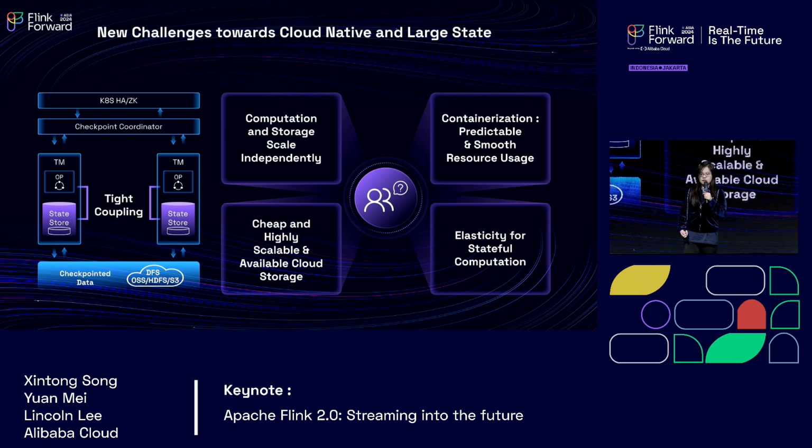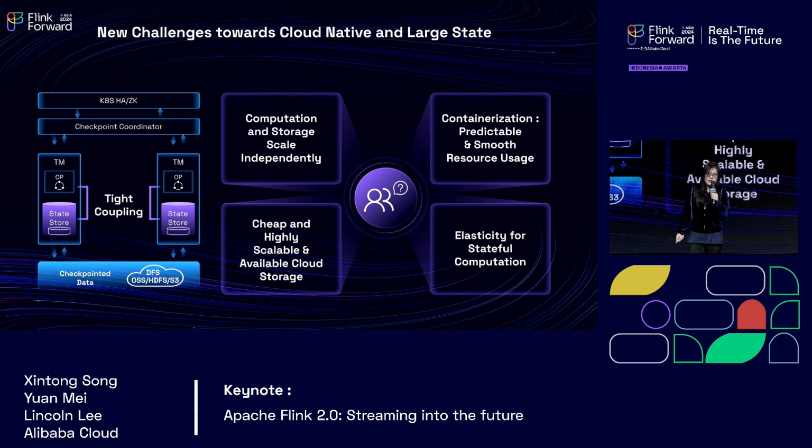Together with the cloud native trend in recent years, we actually have more challenges. We summarize the challenges in 4 parts. The first is that computation and storage should scale independently. This is easy to understand, because we do not want to pay extra money for computation simply because the state size grows large. The second is containerization, a commonly used technology in cloud native, which requires predictable, smooth resource usage.